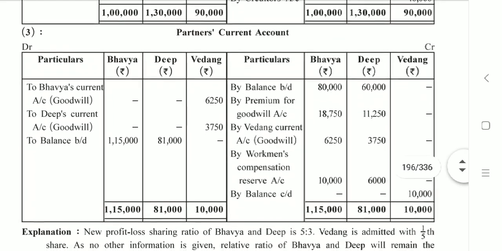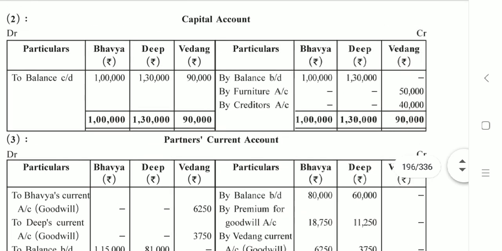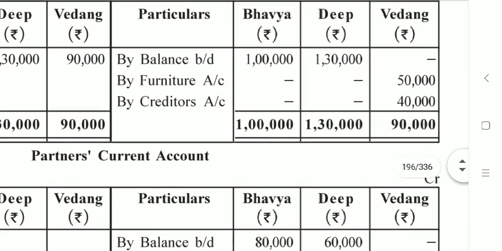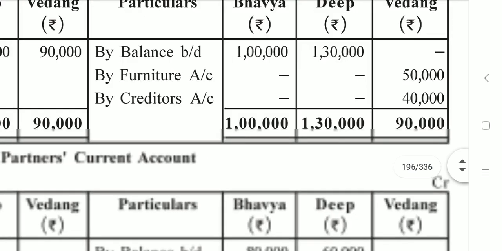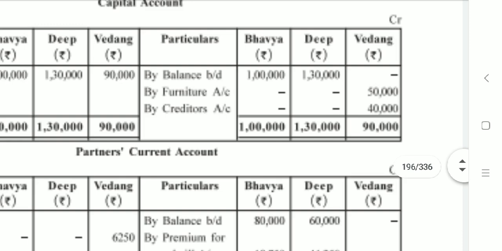I repeat, whenever you are preparing current accounts, you are supposed to write all the effects in current accounts except for the balance of capital and any related adjustments. If you have here related to furniture and creditors, I mean it was related to Vedang's capital. If you are not having any adjustments related to capital account, you can also skip preparing capital account.